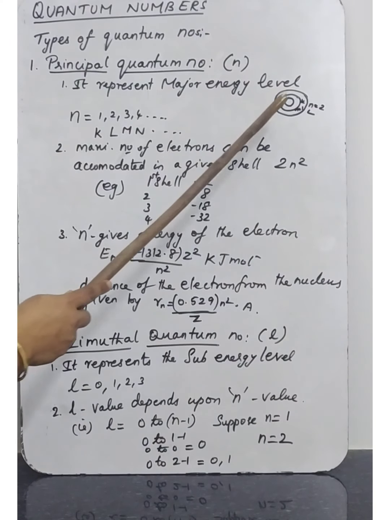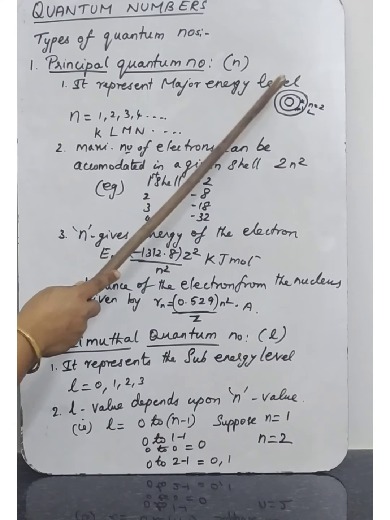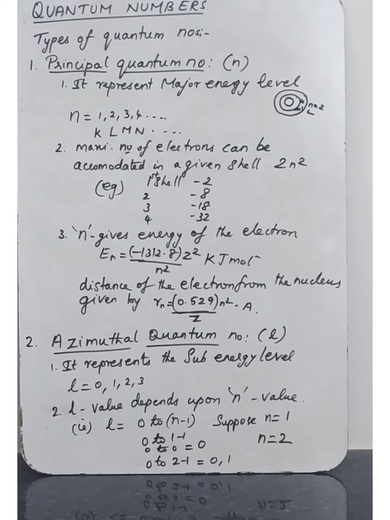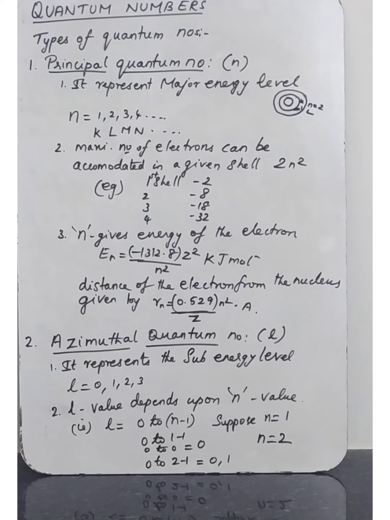So the number which designates gives the designation for the orbitals. Understood? The number which designates and distinguishes the various atomic orbitals is called a quantum number.